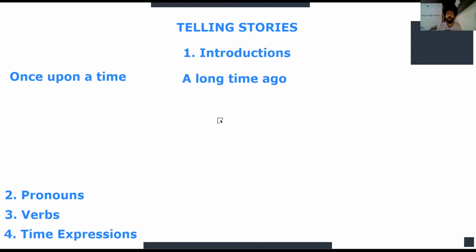So a long time ago, or 1,000 years ago, or 3 years ago, 3 days ago, is a very good way of telling the reader when your story is happening. So you can say a long time ago, 3 years ago, 1,000 years ago. Anyway, the important part is this ago, which says how much time it was.